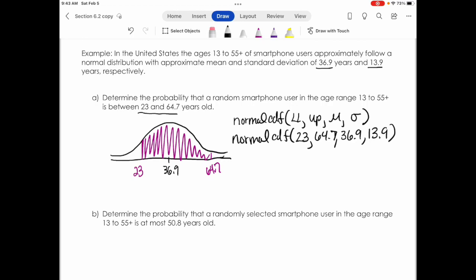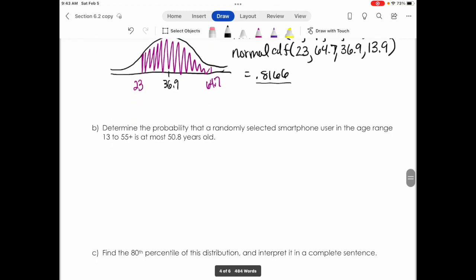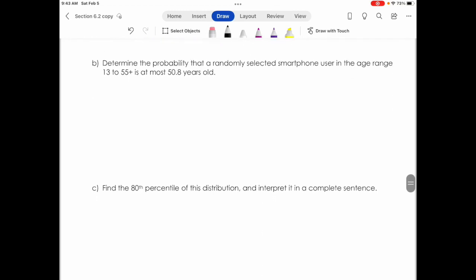The mean is 36.9, and the standard deviation is 13.9. When we hit enter, we're going to get 0.8166. So the probability that we pick someone between 23 and 64.7 years old is approximately 0.8166, or about 82%.